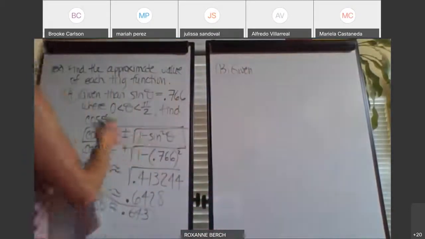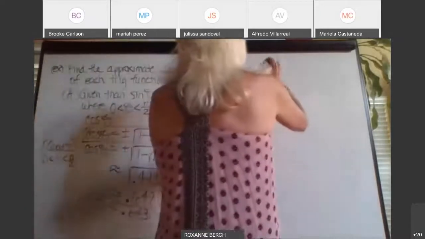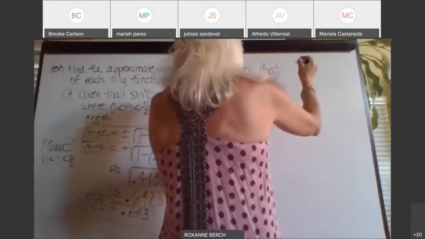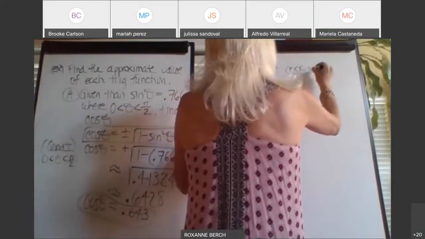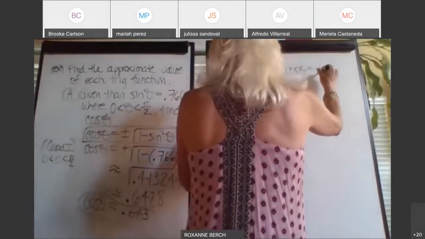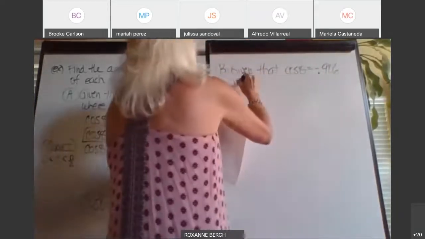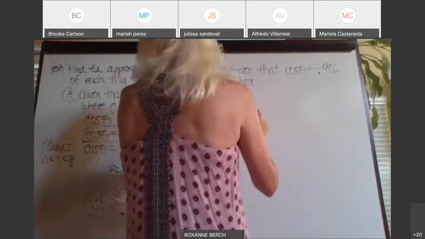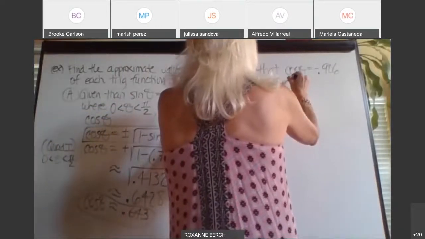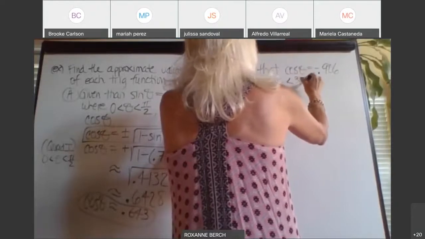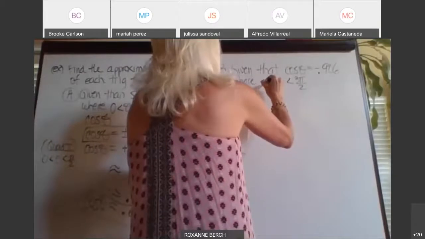Once again, they want us to find the approximate value of the trig function, given that this time cosine of theta is negative 0.906, where theta is less than 3 pi/2 radians and greater than pi.